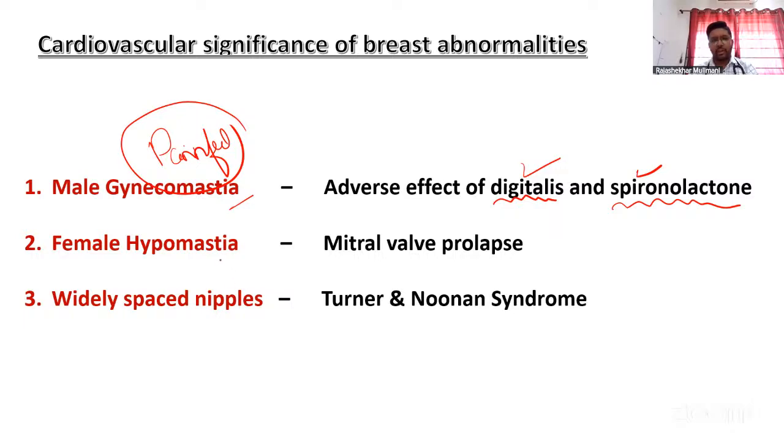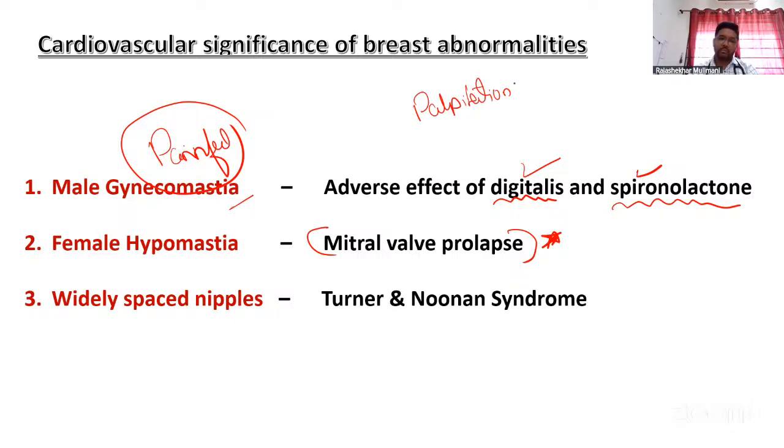A female hypomastia is a feature of mitral valve prolapse. This is also pretty common. So a lot of young females with hypomastia are coming with recurrent palpitation and some atypical chest pain. Many of the physicians usually look for coronary related issues, but tend to miss mitral valve prolapse.